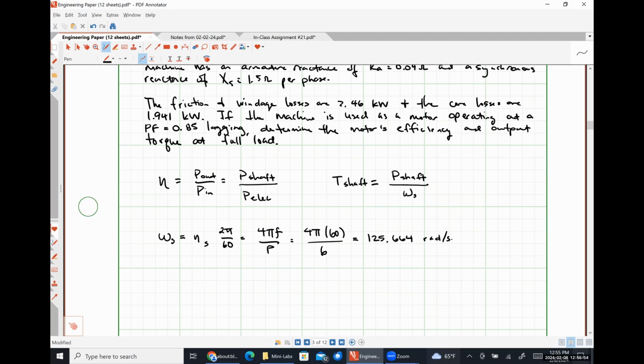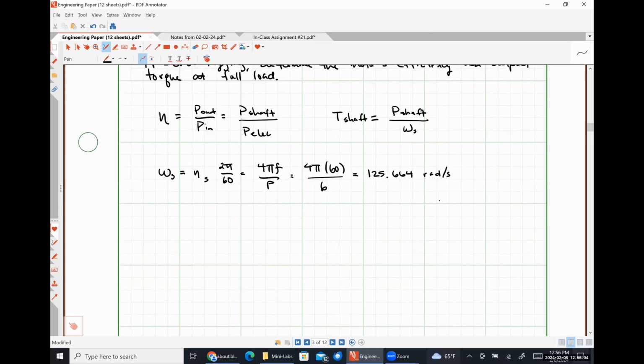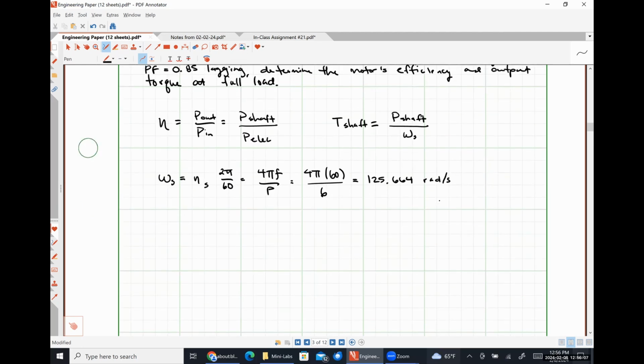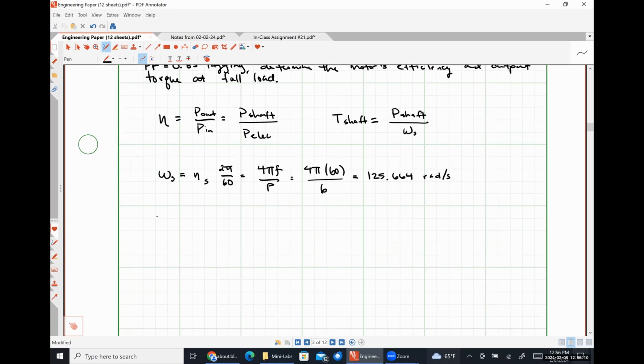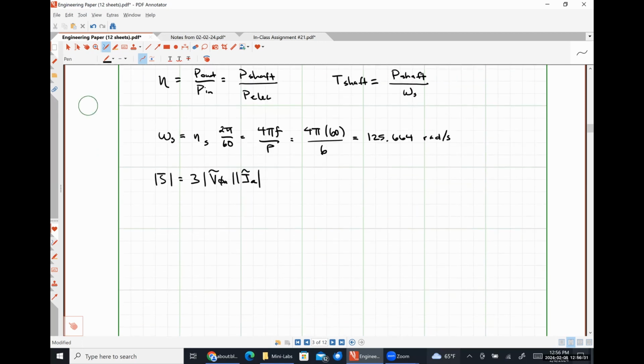So I think you just said the current, which we definitely can find. So we know that our apparent power, which is something that was given to us, that's 100 megavolt amperes, excuse me, 100 kilovolt amperes. This is a three-phase machine, so that's going to be 3 times the line to neutral voltage times our current. I agree with that wholeheartedly.